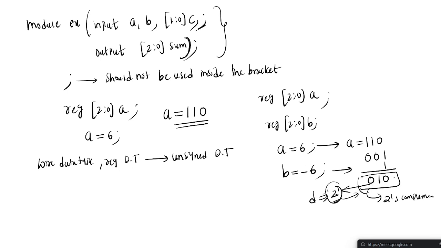Suppose if you want to display this two's complement number, then that value 0, 1, 0 is nothing but 2 now. So the reg and wire data types are nothing but unsigned data types that will only store positive numbers.